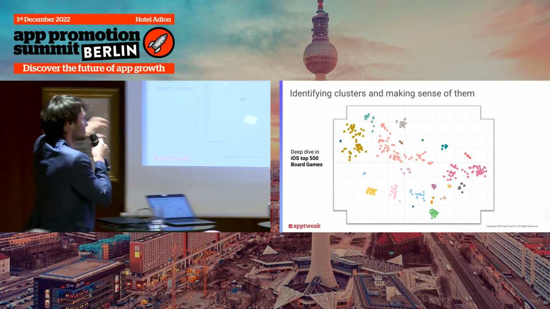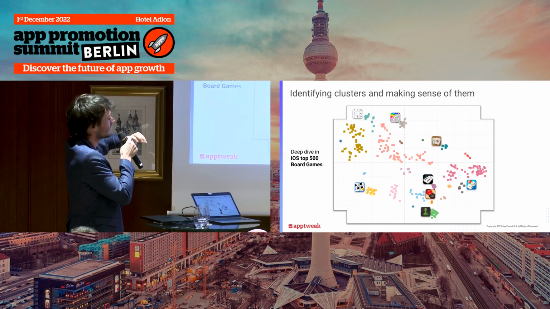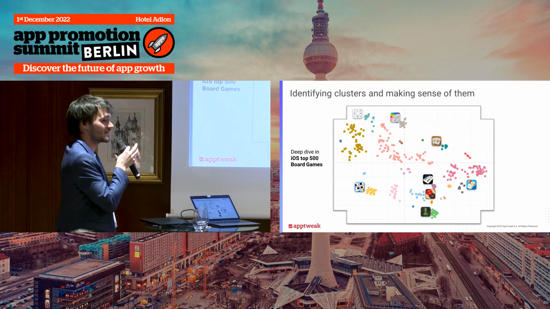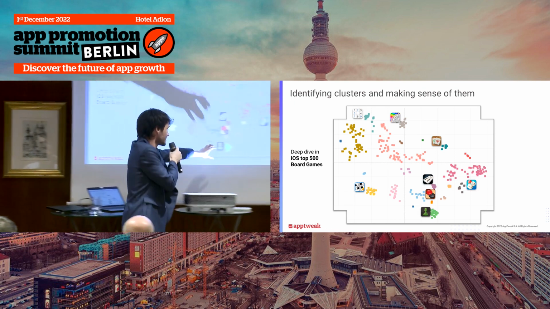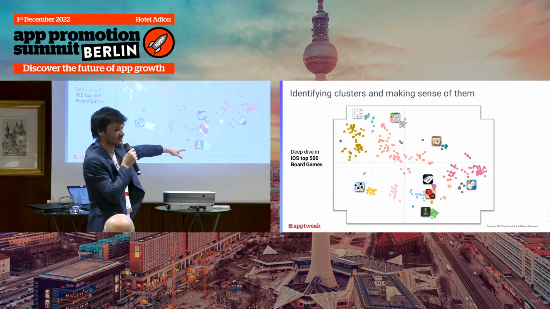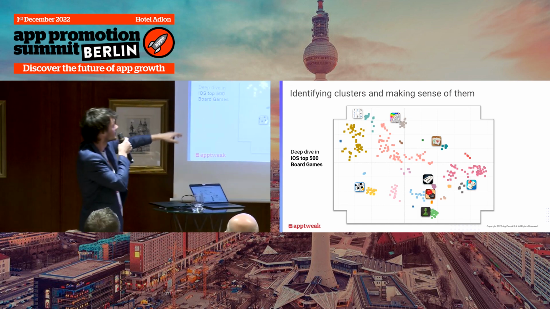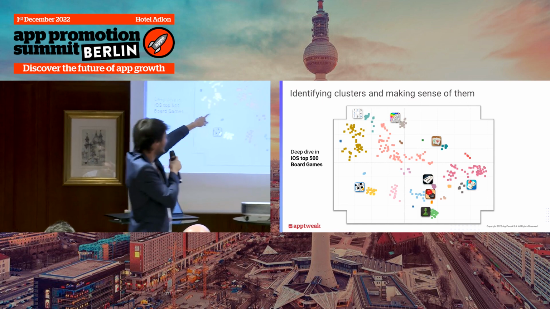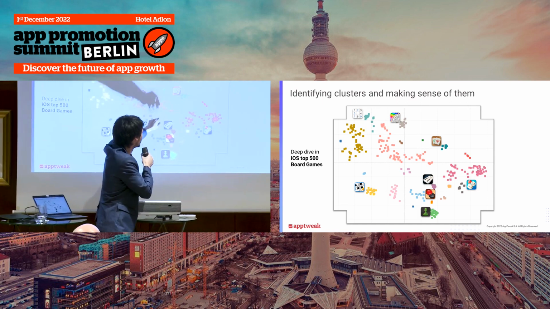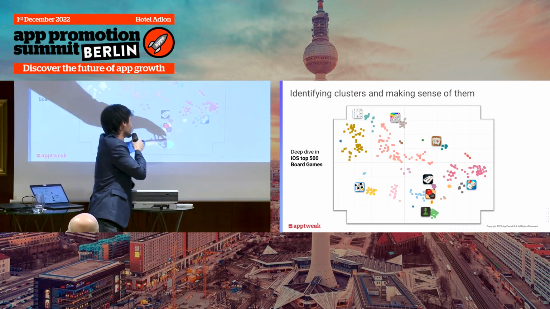And it turns out that those clusterings end up being very specific applications. Like the green cluster here is made only of chess applications. The yellow cluster here is made of crosswords applications. Then you have a Sudoku up there, a coloring game there, mahjong, dominoes, dice games, checkers.